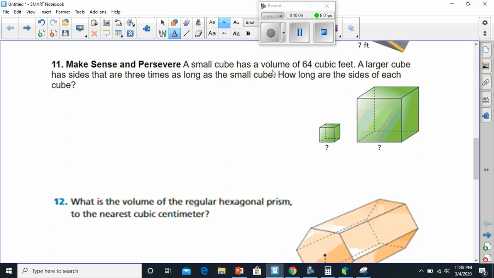Okay. Well, if this is 64 cubic feet, we're going to have to realize what is going to equal that. We remember that volume is equal to whatever the base is. Well, this is a cube though, isn't it?